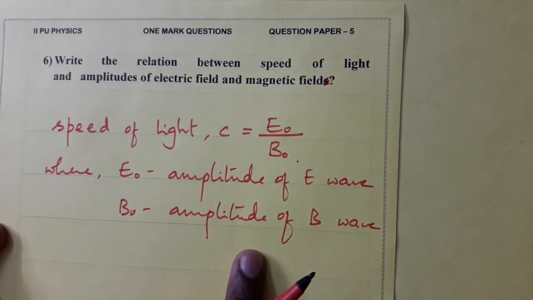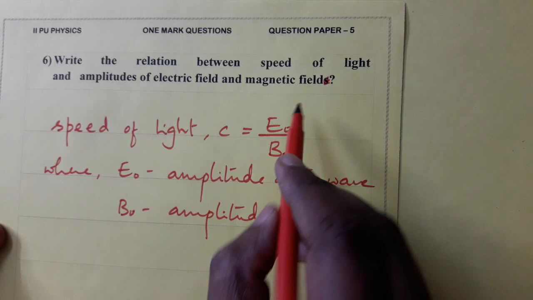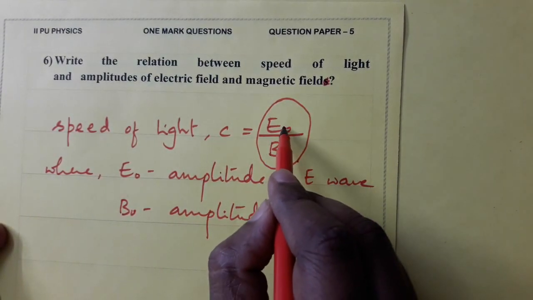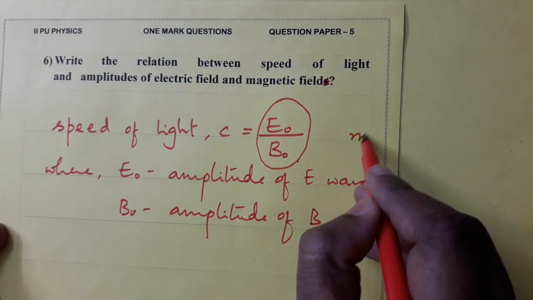So this much we have to write. Ratio of E naught and B naught, or ratio of electric field and magnetic field, is meter per second.